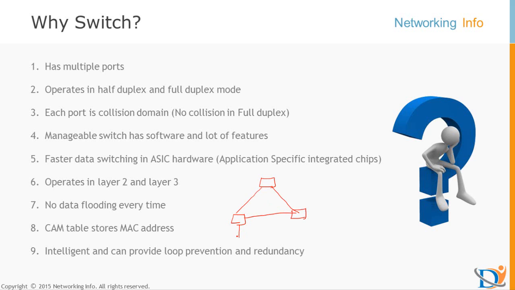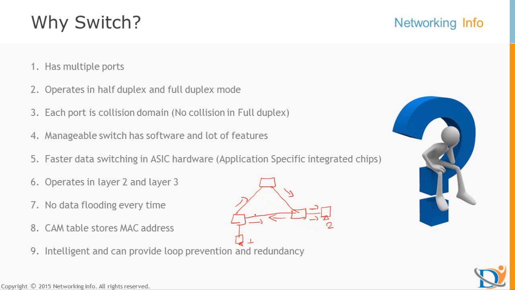One device is going to send a packet from this computer to this computer. Then there is a possibility of creating a loop, because traffic can go this side, and this side, and this packet again twice, and then this packet comes back and can go there. So this kind of loop is occurring in the network.